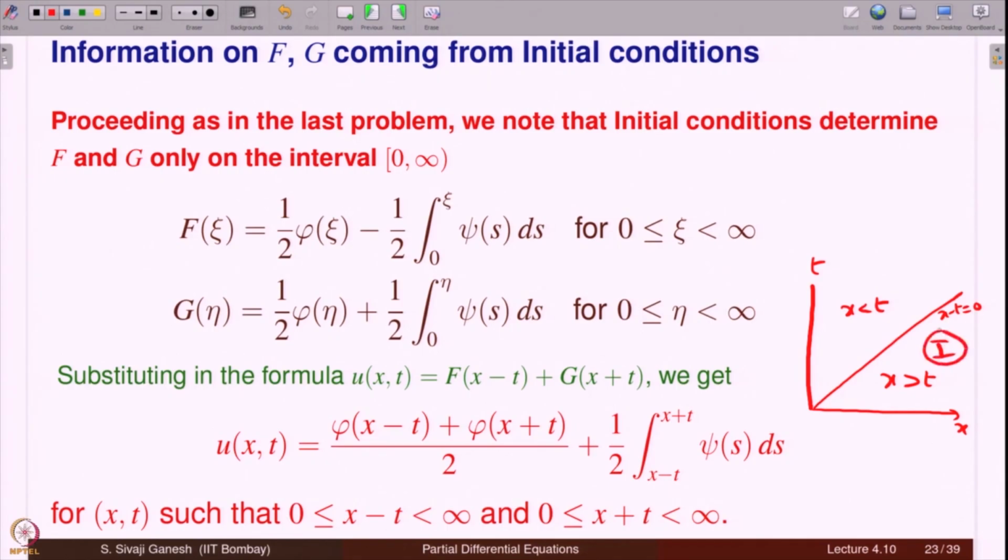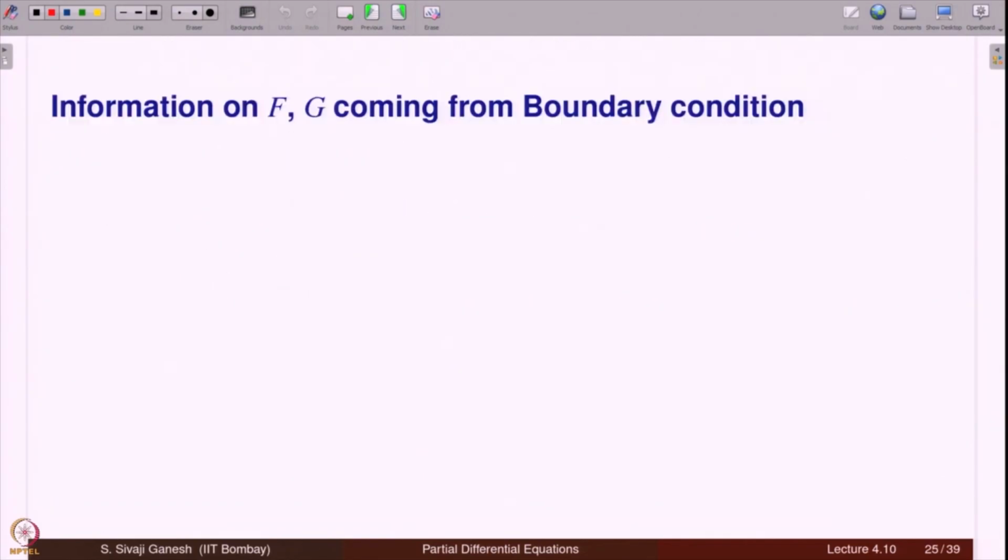In the region 1 initial conditions determine the solution. So, what remains to do is to find the solution in the region 2. The region 1 looks like the 1 0 that we had earlier. So, essentially there are only 2 regions now, whereas in the finite interval case there were infinitely many regions.